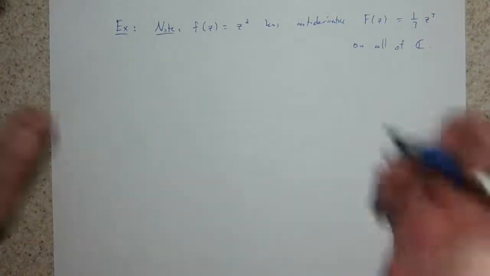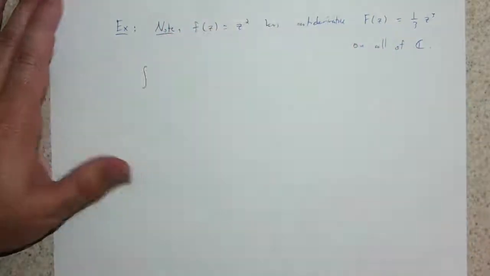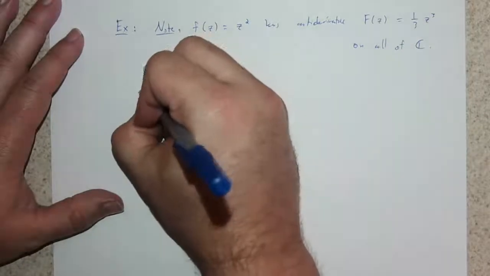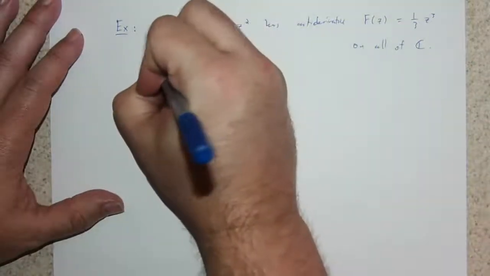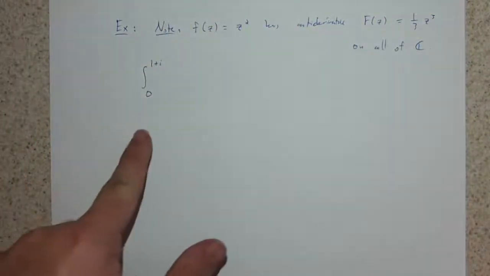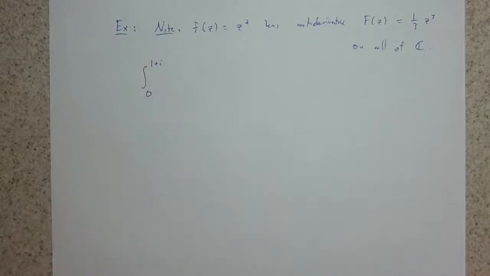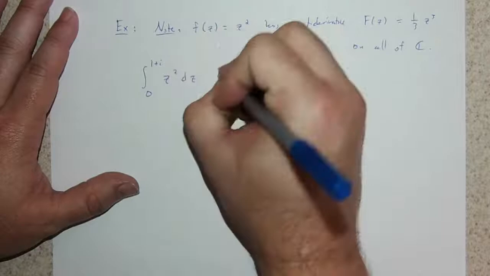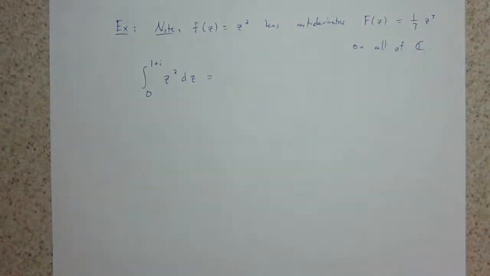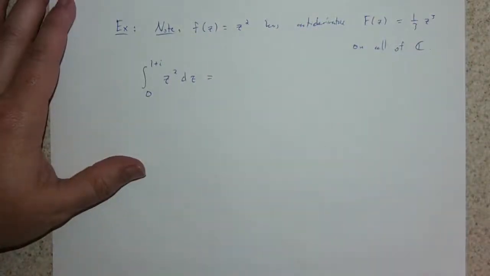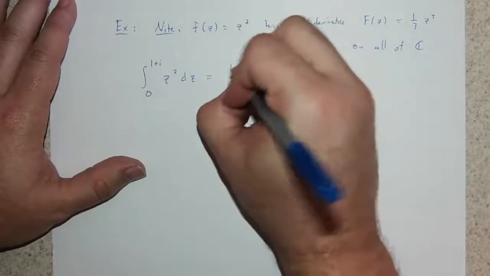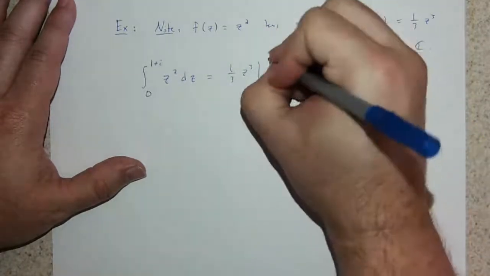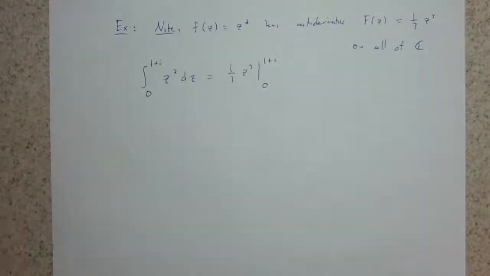Thus, for instance, if I am computing a contour integral along any contour that goes from, say, 0 to 1 plus i of z squared dz, I can compute this using statement 2 in that theorem. So this is 1/3 z cubed evaluated from 0 to 1 plus i.